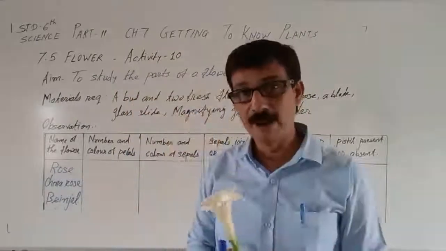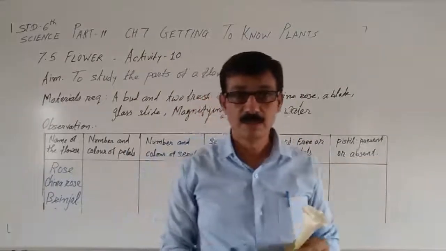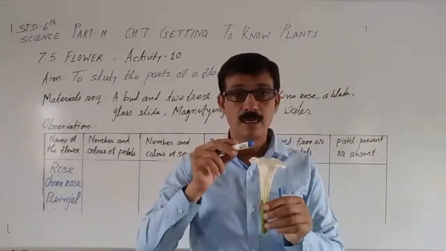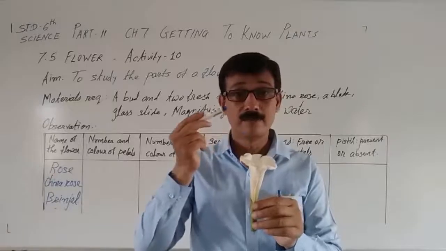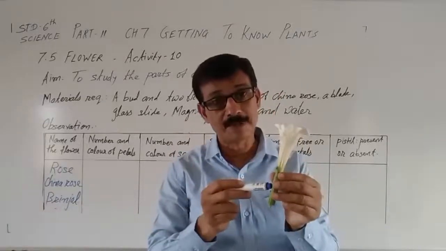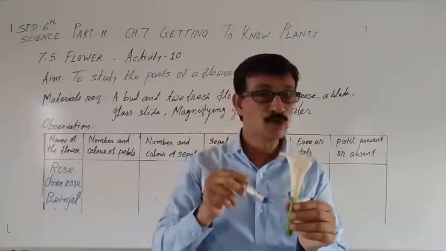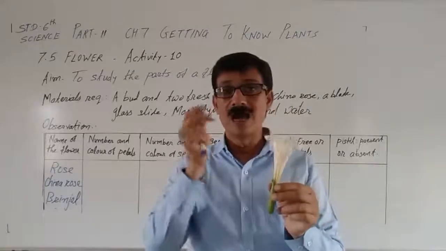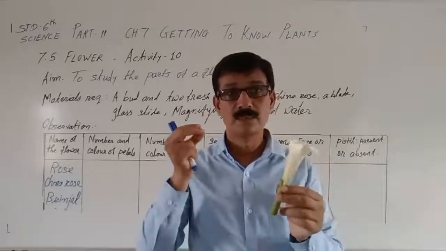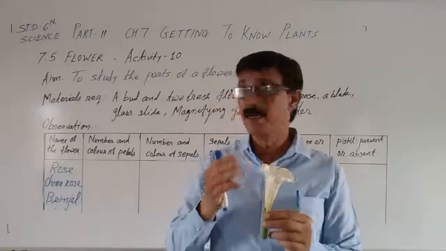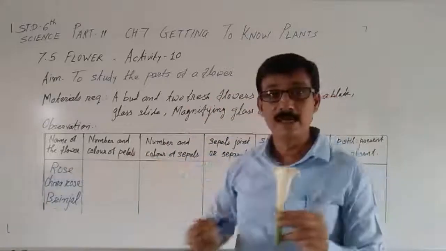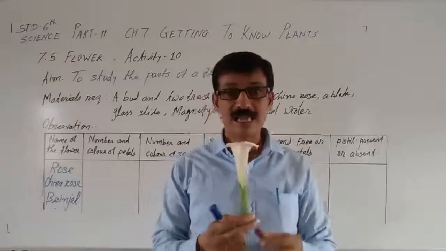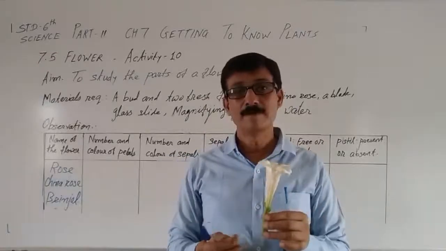So we discussed some flowers, their petals and sepals, and whether those are joined together or not. We will count the sepals and the petals, and we will discuss this table in the next part. By this time I am ending this part.